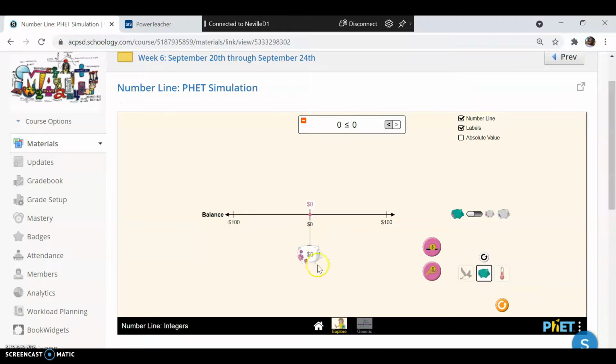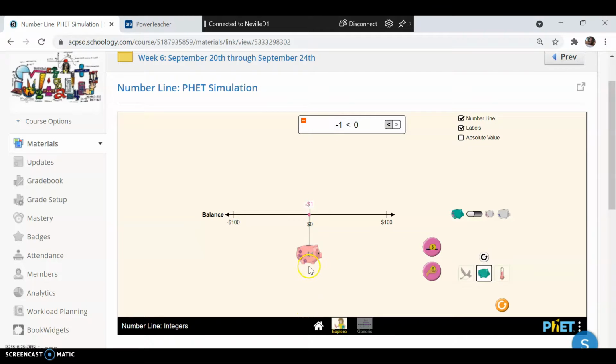Right now, this piggy bank has how much money in it? None. I just said I had $1. 1 plus negative 2. Am I moving this way or this way? Yeah, I'm moving to the left 2 places. 1, 2.